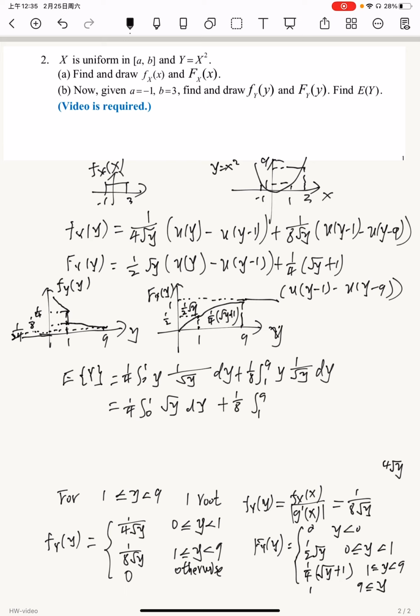We can calculate the outcome, which is 1/6 minus 1/12 times 27 minus 1, and the outcome is 7 divided by 3.